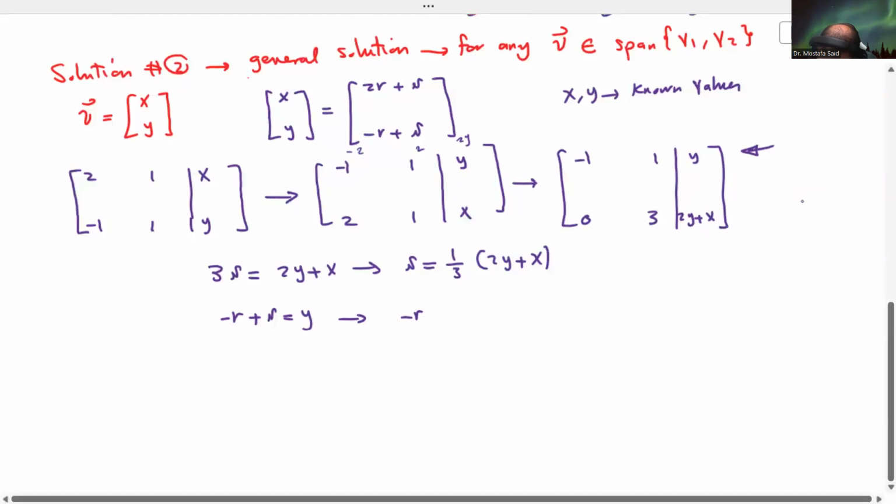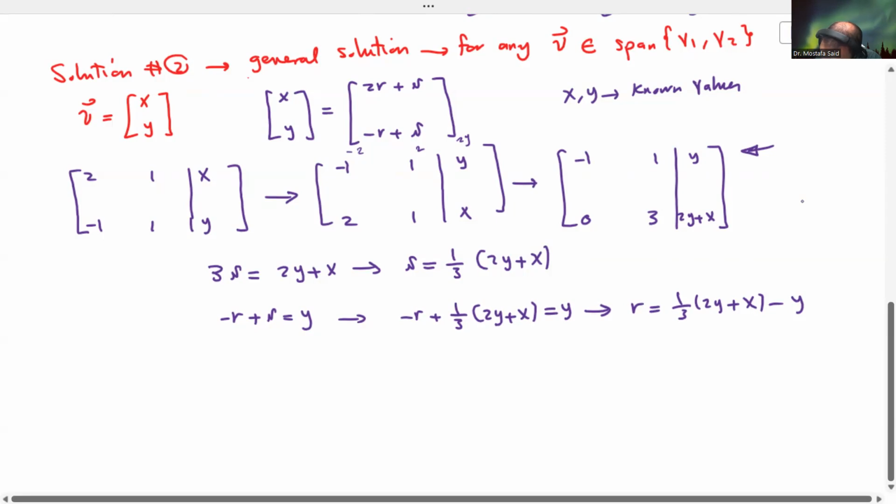From that, minus r plus 1/3 (2y plus x) equal to y. So from that, you can say that r equals 1/3 (2y plus x) minus y. You can multiply by minus.